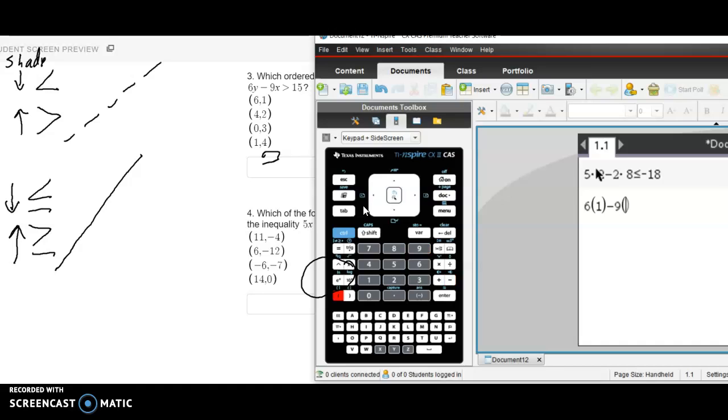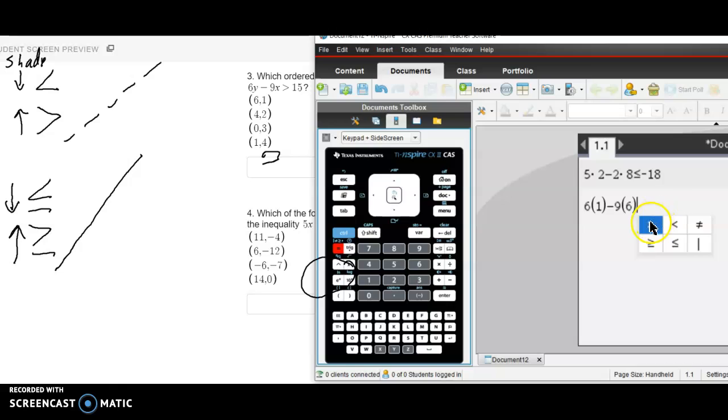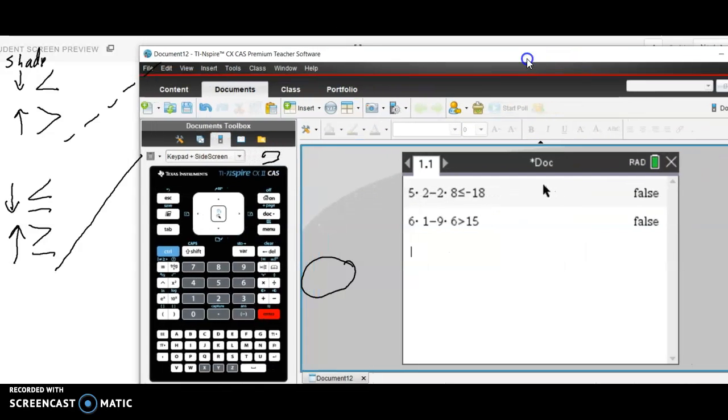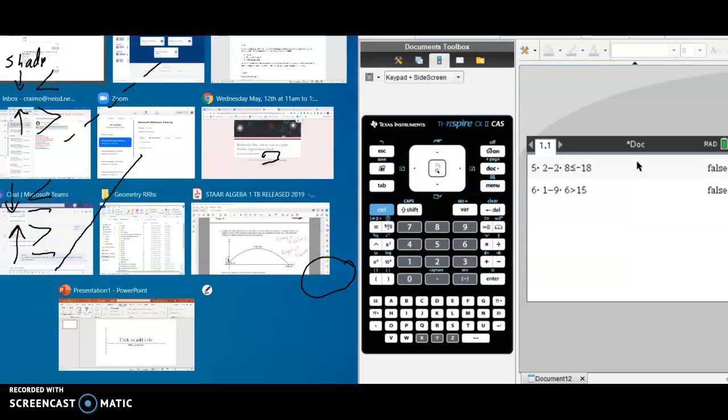Then now I'm going to put my X, which is 6. Close parentheses. And the symbol is the greater than. So I hit my control, equal, pick the greater than, put my 15, hit enter. Let's see what we got. It's a false. So this guy is false.